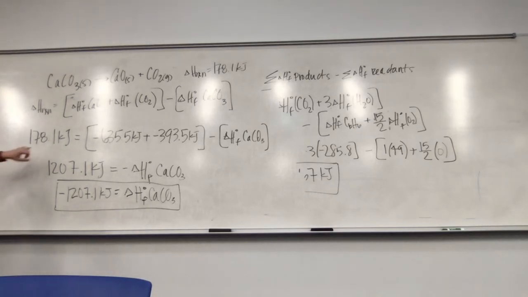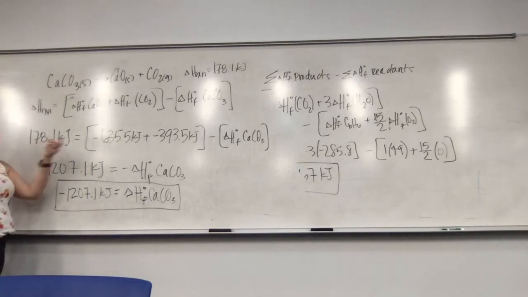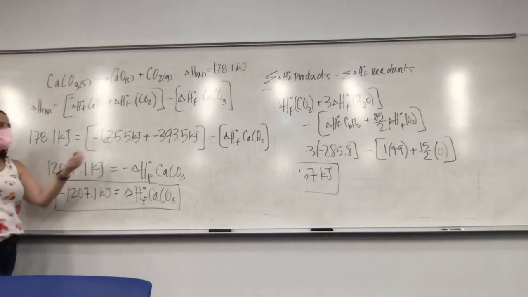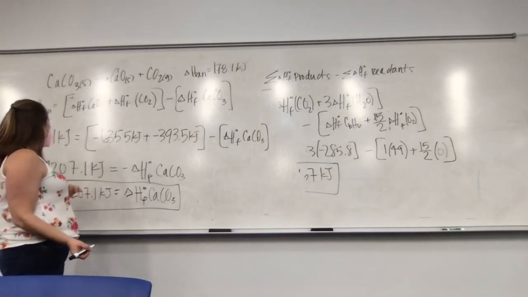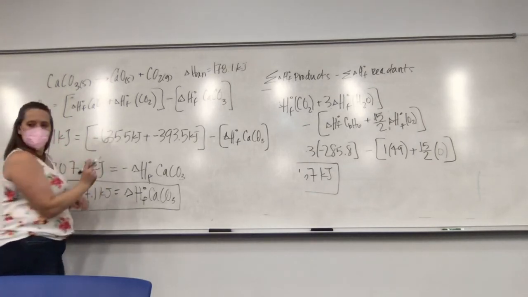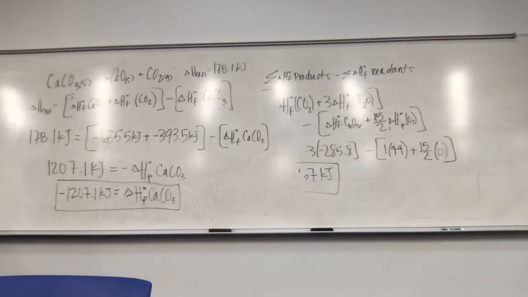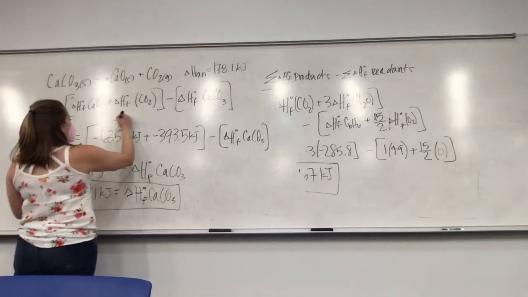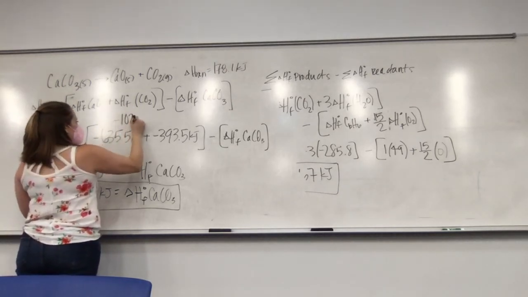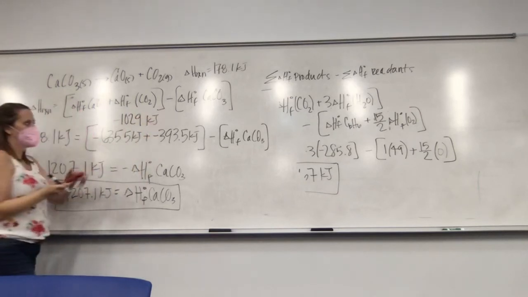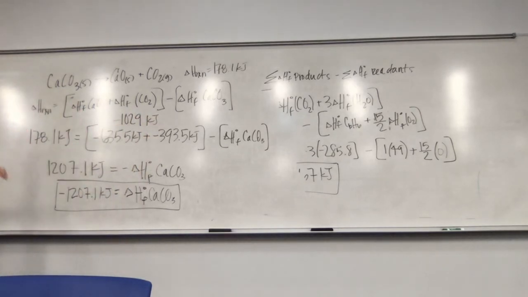So if you take 178.1 and then you add these together, you should get, I have no idea. Hold on. Negative 635.5, so you get negative 1,029 kilojoules. In order to get it on the other side, you add 1029 to both sides.